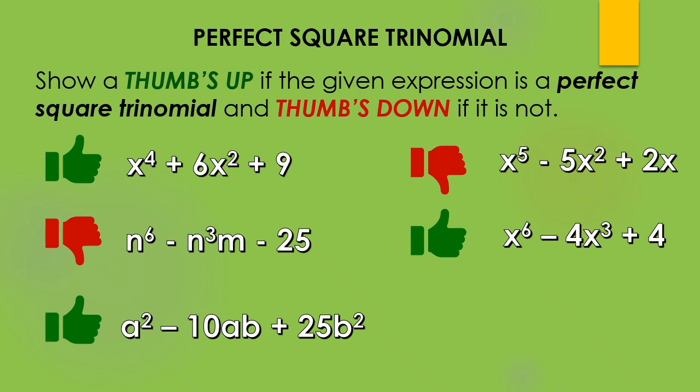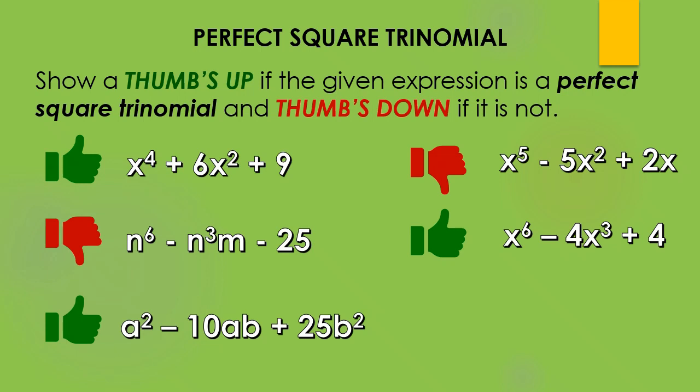It is the square of 2. So their product is 2x cubed. And then twice of the product, multiply 2x cubed by 2, that will give us the middle term, which is 4x cubed.